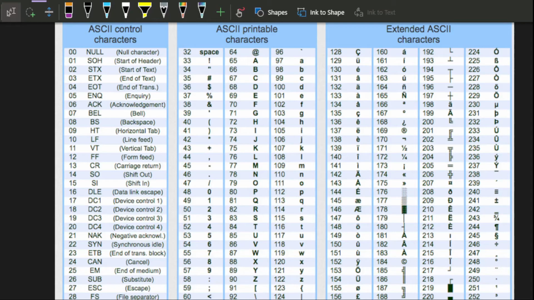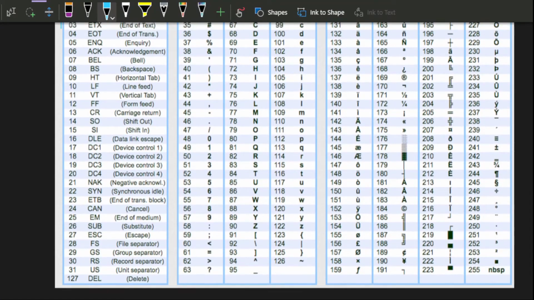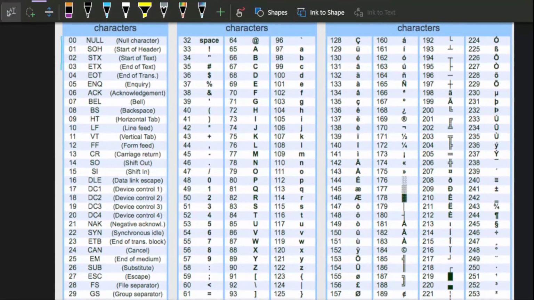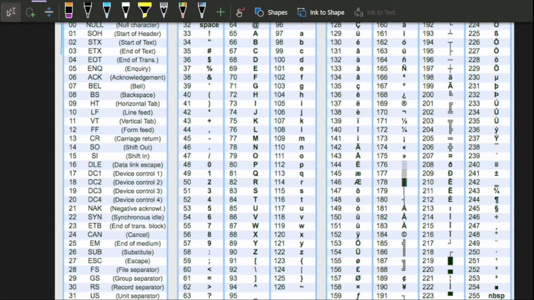As you can see, in the first column here, these are called ASCII control characters, which were the first 32 values, which have the special characters such as the backspace, the space, the enter key, or the next line.